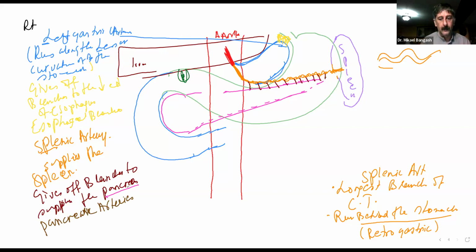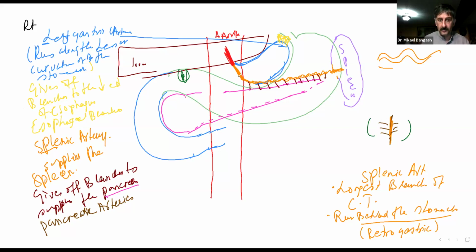Yeah, okay. So if you recall from your circle of Willis yesterday, we had the basilar artery running by the pons, and it gave off branches to the pons that we call the pontine arteries.